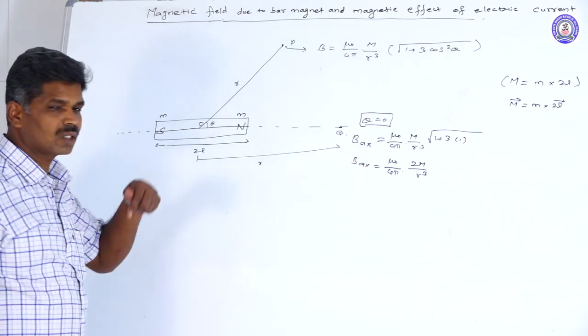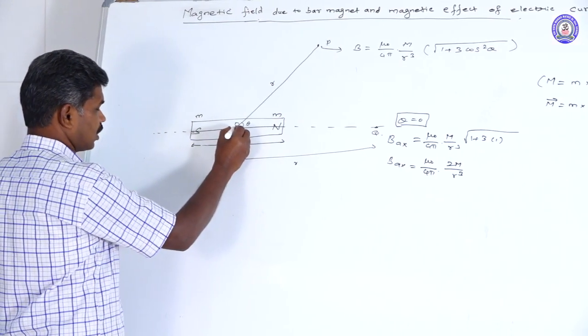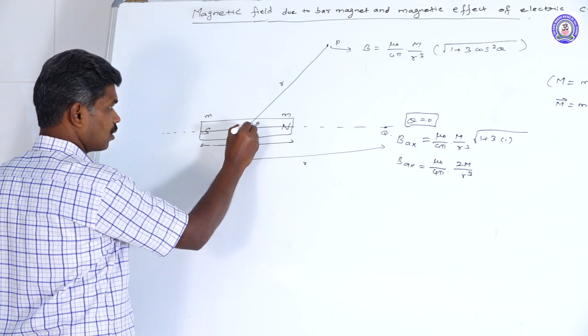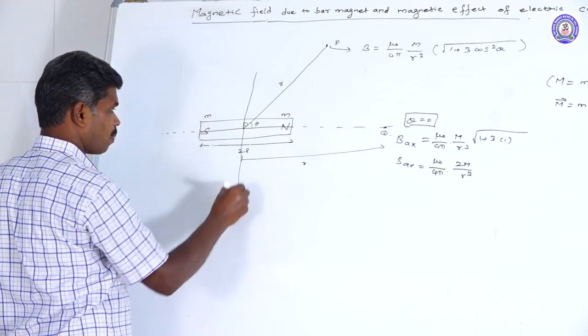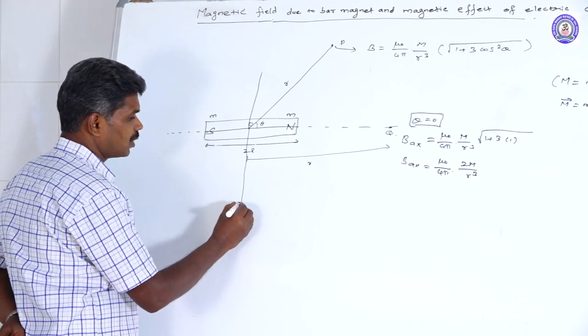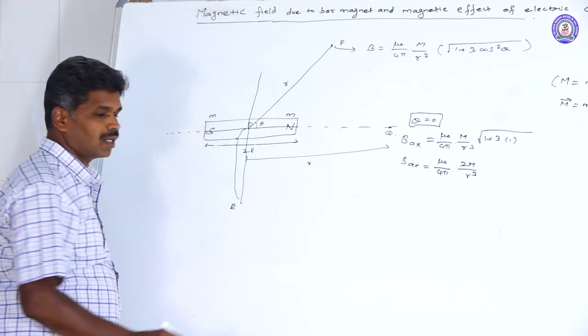Now we are going to take another line, the equator line. If you draw a perpendicular line to the axis through the center, that is the equator line. Suppose this point is taken at a distance small r from the center of the magnet.